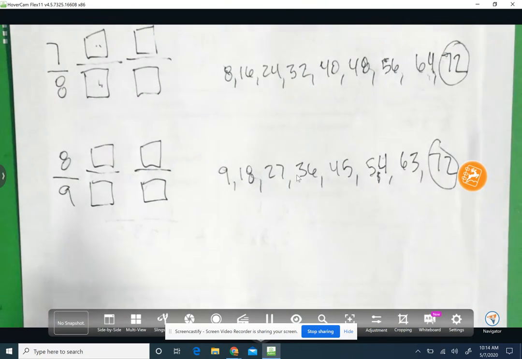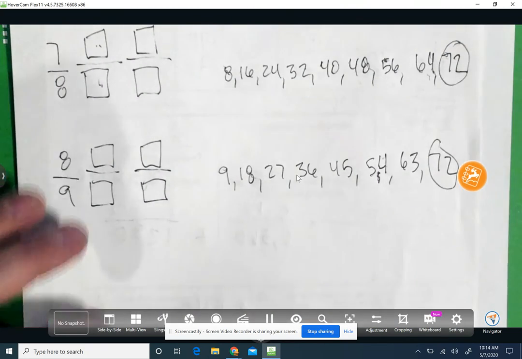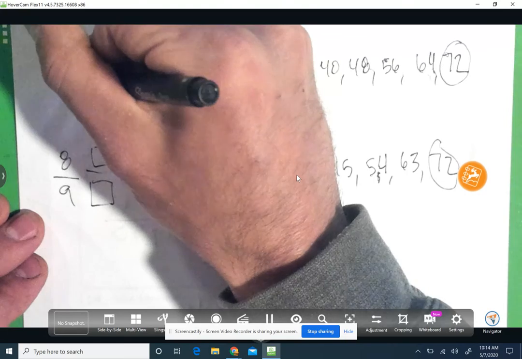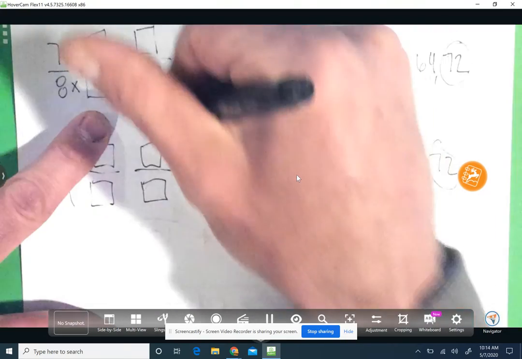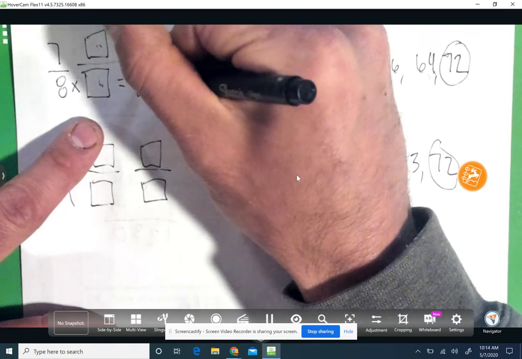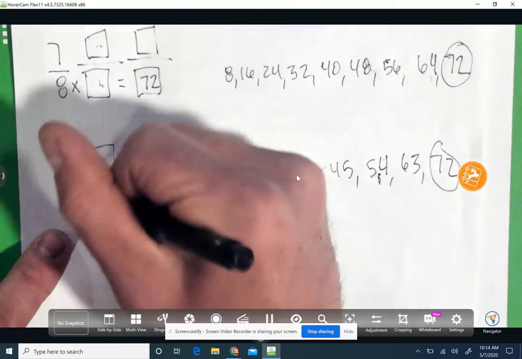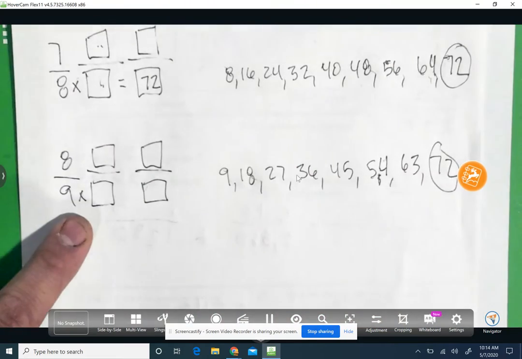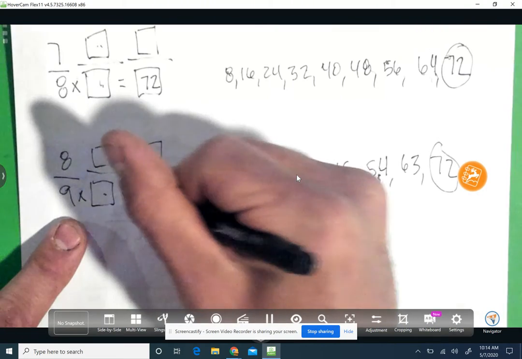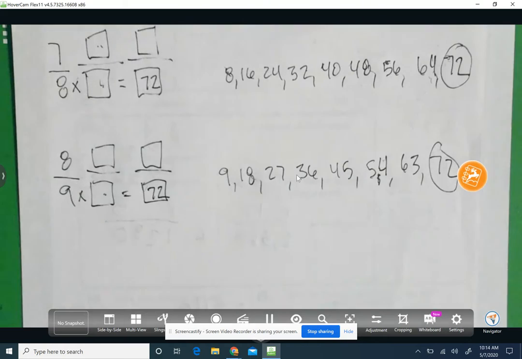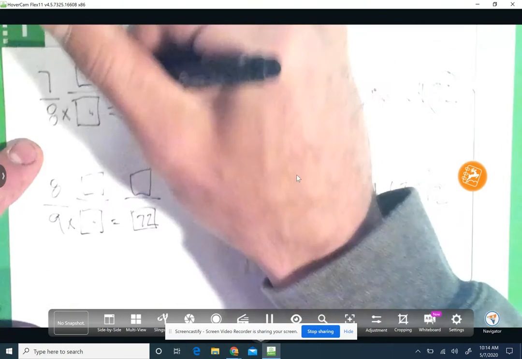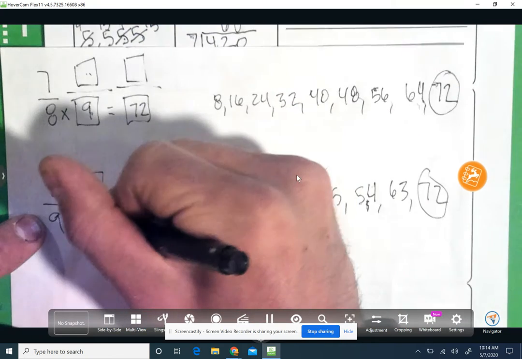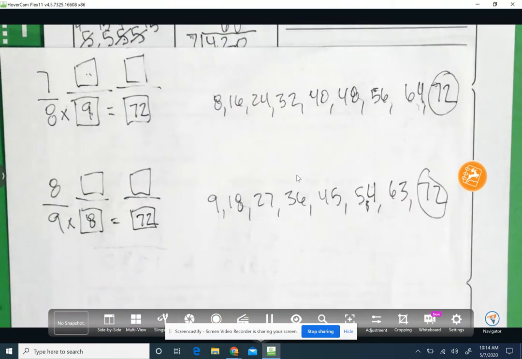Now, why do I have these boxes here? Because what am I going to multiply times 8 to equal 72? What am I going to multiply times 9 to equal 72? I am now going to multiply 8 times 9 to get 72 and 9 times 8 to get to 72.